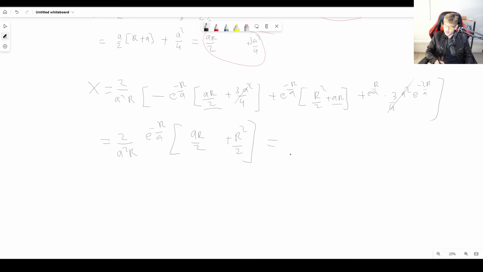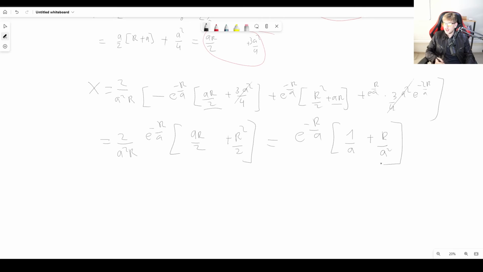So now let's multiply through. So we get e to the minus r over a. And then 1a cancels out. R goes away, 2 goes away. So we have 1 over a plus r over a squared. Yes, 1 r over a squared.